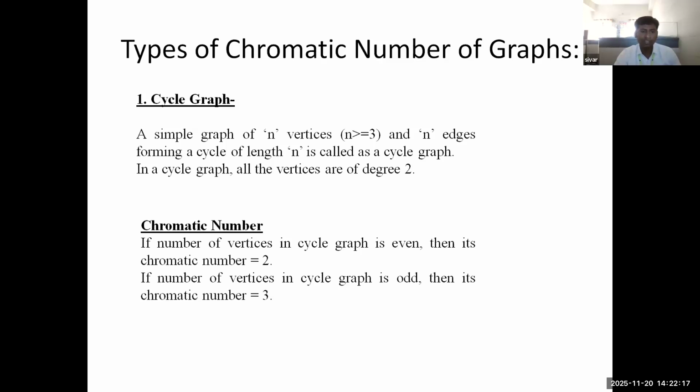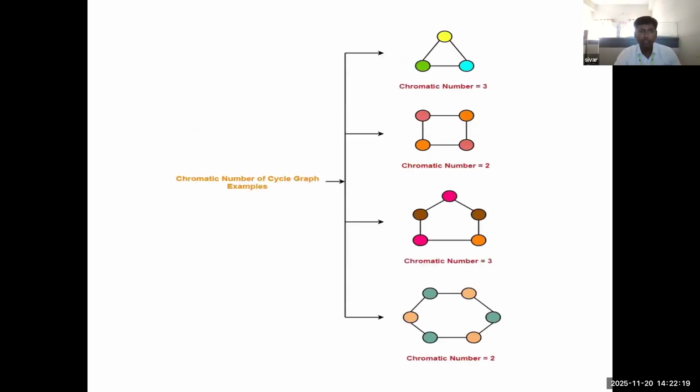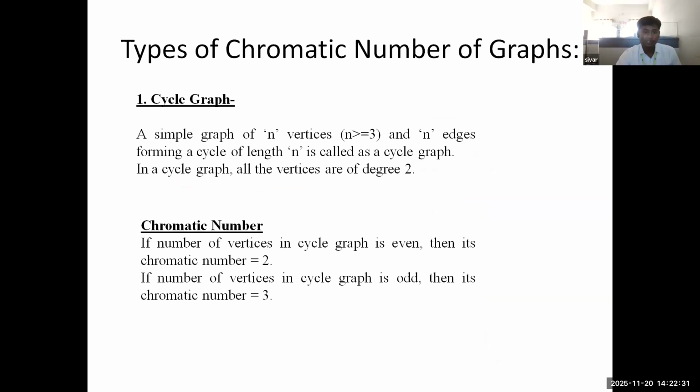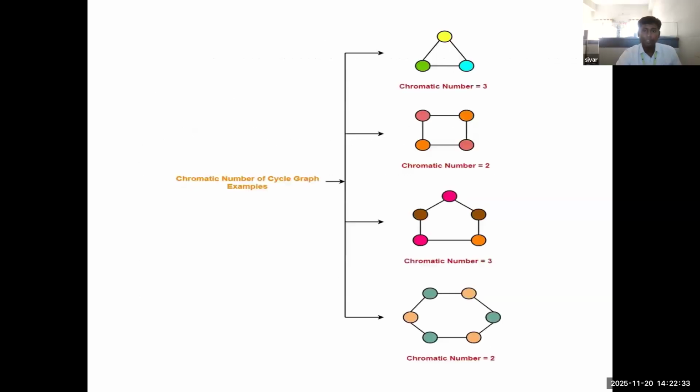Looking at the example graphs, the first graph has 3 vertices. 3 is an odd number, so the chromatic number for an odd number is 3. A graph having 4 vertices has chromatic number 2. 4 is an even number, so the chromatic number is automatically 2.